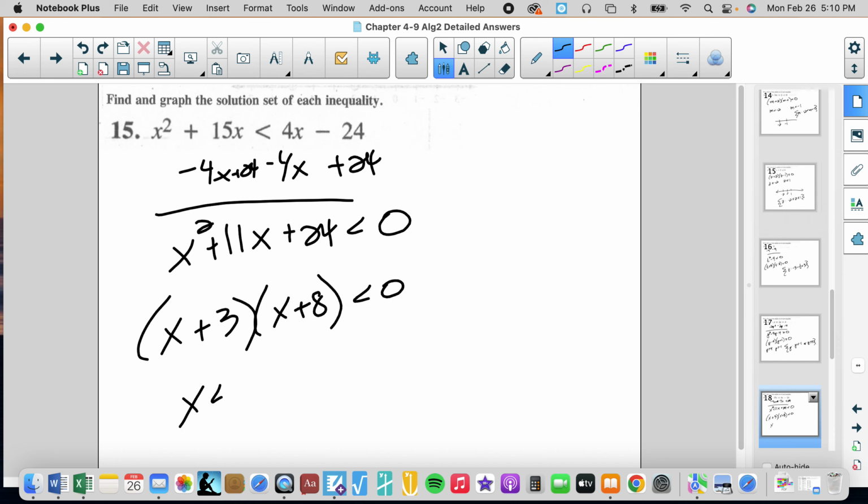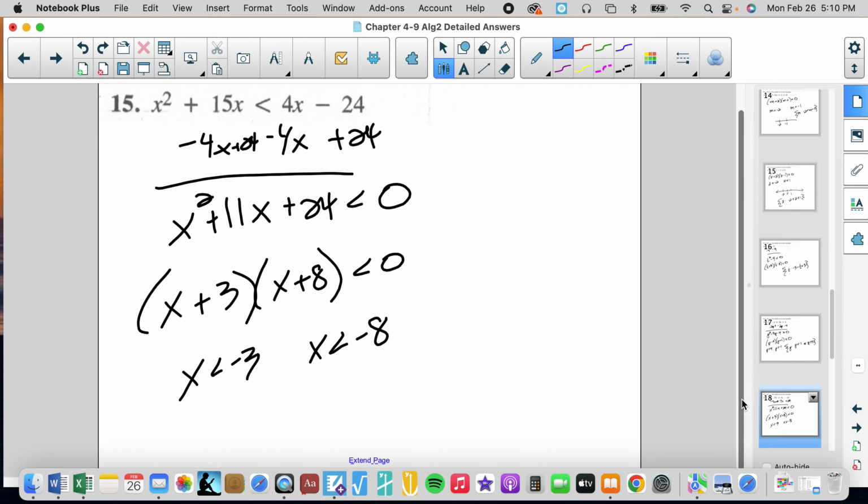So x is less than negative 3, x is less than negative 8. And I'm going to say that the solution is x, negative 8 less than x, which is less than negative 3. We'll see. I know this is a little bit different. No, we're good. That's correct.